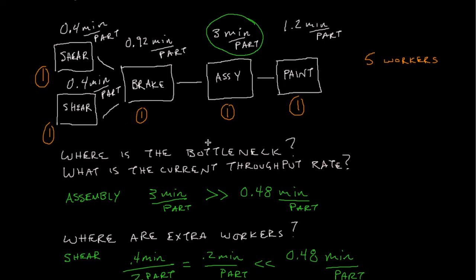You need to really understand where you are right now and what the ideal state is, because you're not going to have enough breaks typically. You're always trying to allocate resources effectively, in which case you may not have enough breaks or enough assembly stations to meet your takt time.